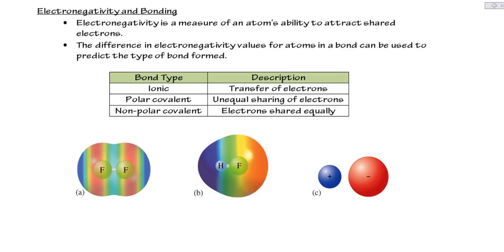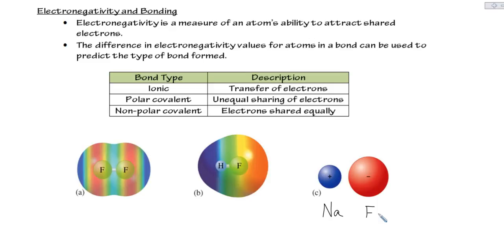So that's a match made in heaven. So when I think about an ionic bond, this could be like, maybe sodium fluoride. I think of a complete transfer of electrons, very different electronegativity values.